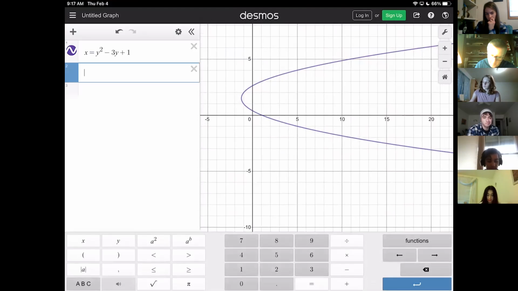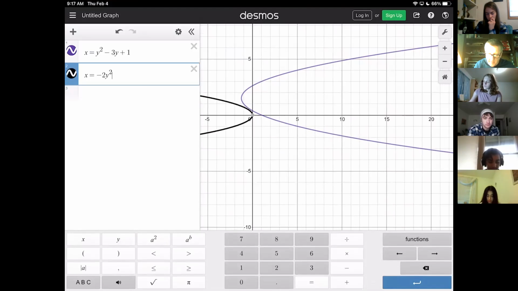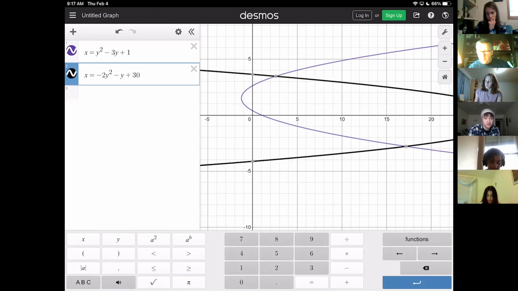Maybe you remember that. Then the second one is x equals -2y squared minus 6y plus 30. I found myself being much happier because now I can actually see the area that we're talking about.